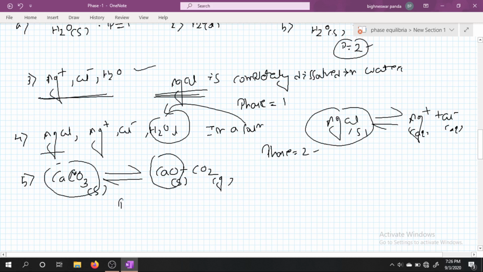That means here phase equal to 3. Consider another type of question: Ag solid plus water. Here phase equal to 2, because silver and water don't dissolve.